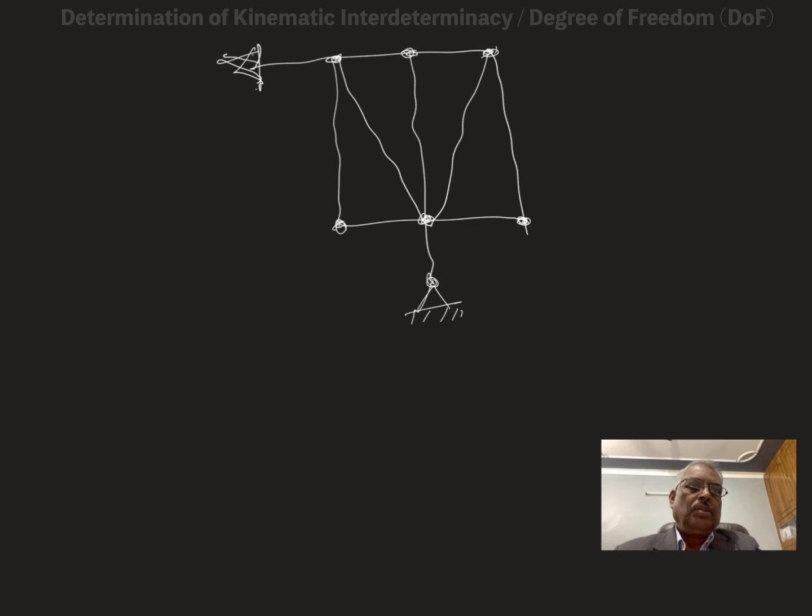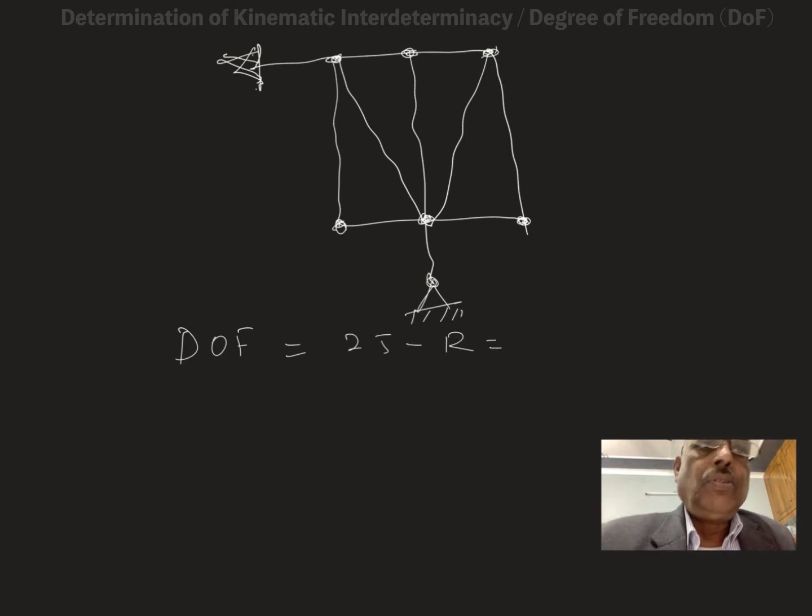So how can you find out? Degree of freedom is equal to 2j minus r. Why 2? Because it's a plane frame, all joints are pinned, so this will not be treated as rigid, this will be treated as a pin jointed frame.